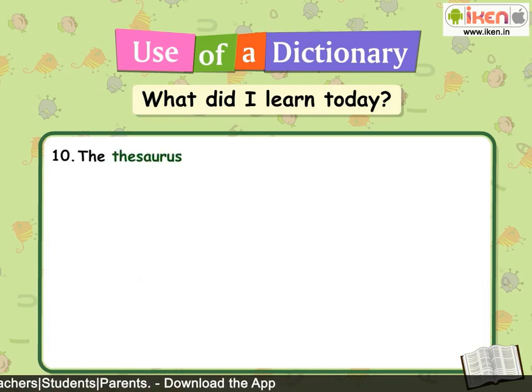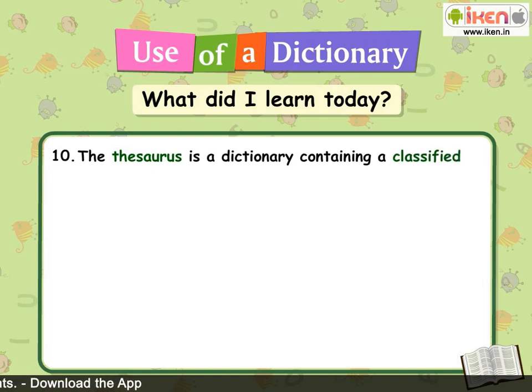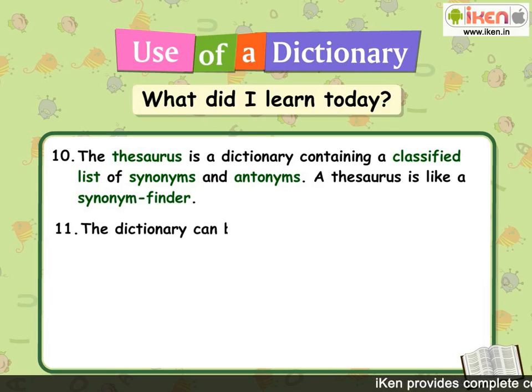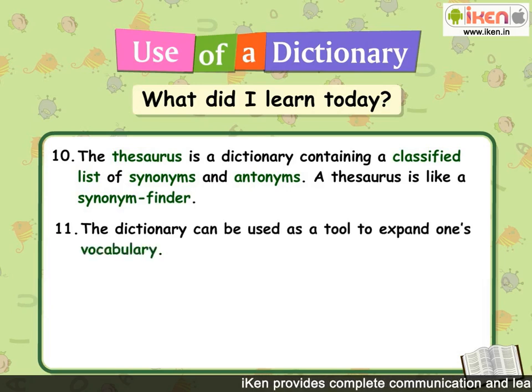The thesaurus is a dictionary containing a classified list of synonyms and antonyms. A thesaurus is like a synonym finder. The dictionary can be used as a tool to expand one's vocabulary.